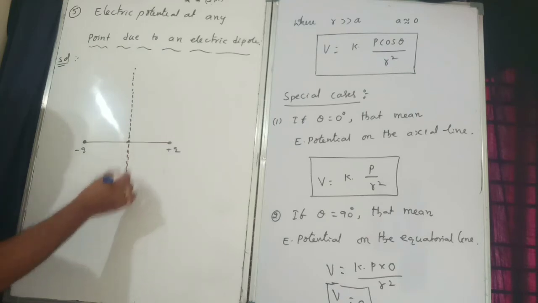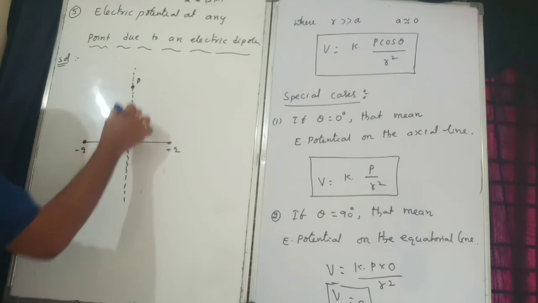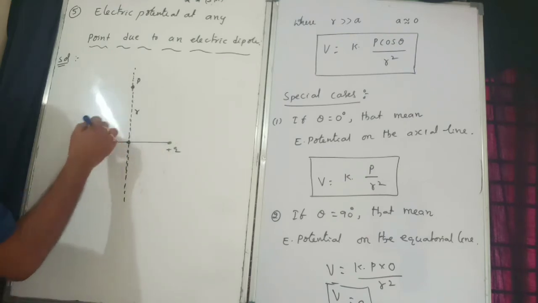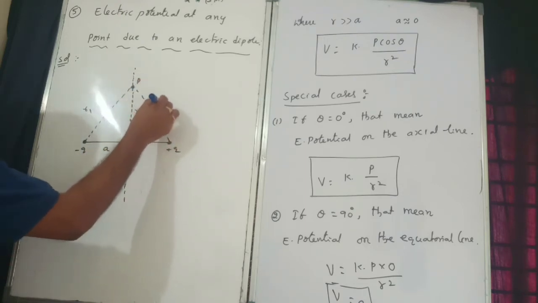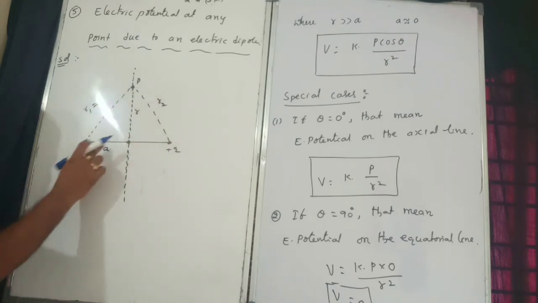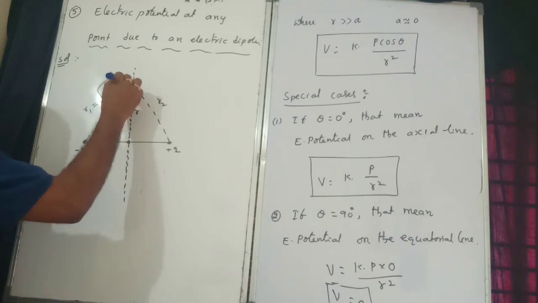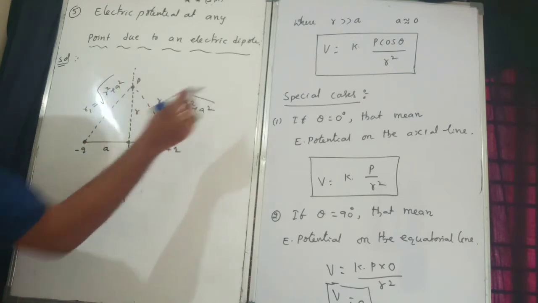Electric potential on the equatorial line: for example, I will consider here. From here to here I will consider distance R, and this is the A distance. Now here to here is distance R1, and here to here is distance R2. So R1 is equal to root over R square plus A square, and here also root over R square plus A square.